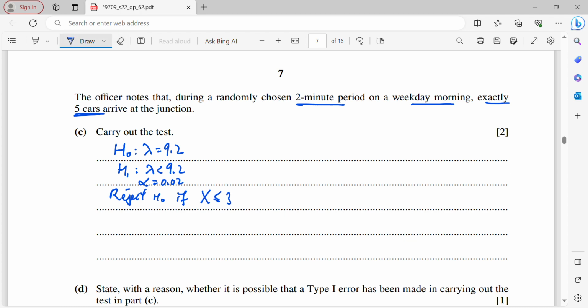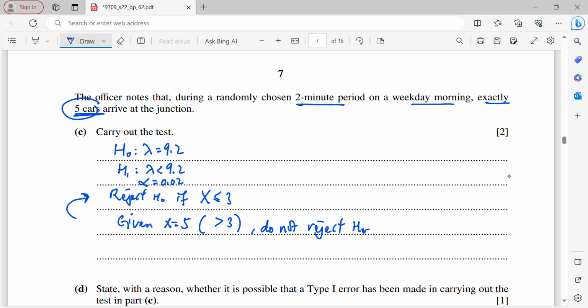This is the critical region that we found in the previous step. Now, exactly 5 cars arrive, so given X = 5, this value is greater than 3. Based on the previous rejection criteria, when X ≤ 3 we reject H0. Now you are given 5, which means we do not reject H0.